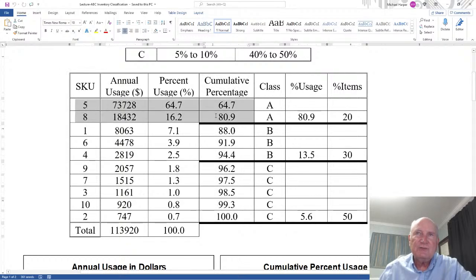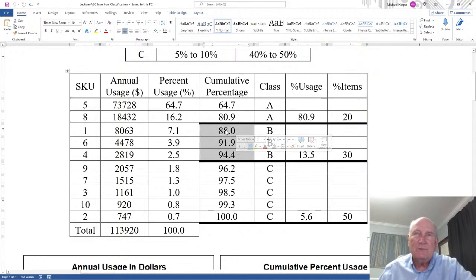So these first two SKU items together make up over 80.9% of the total annual usage of my inventory of these 10 items. So those two items command over 80% of my usage. But then I keep going on. Then I have 88, 91, 94.